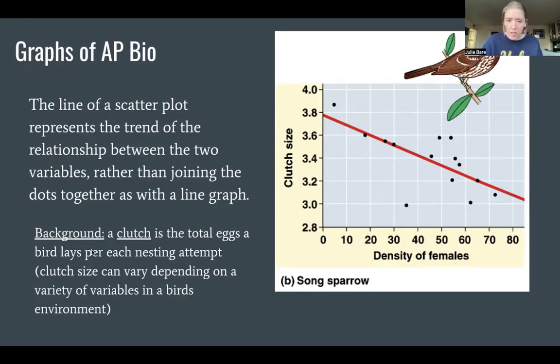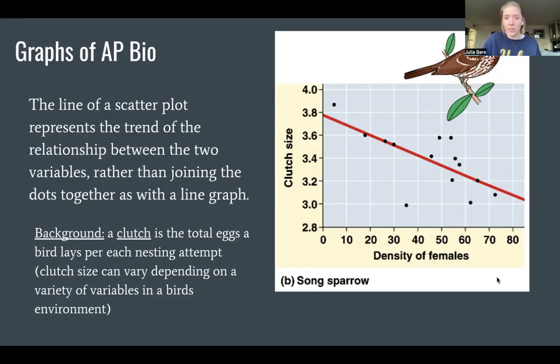Now, in this particular example, we're looking at clutch sizes, and clutch is just the number of total eggs that a bird lays per each nesting attempt. And clutch size can vary depending on a lot of different variables in a bird's environment. So interestingly, this data kind of shows something similar to the last graph. Except this time, instead of talking about plants, we're talking about birds.